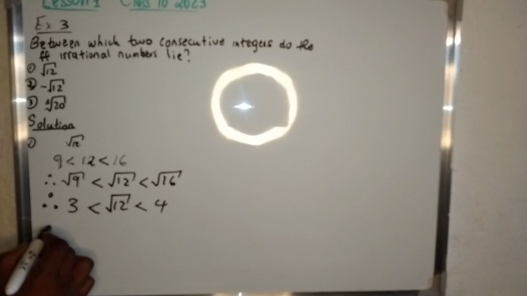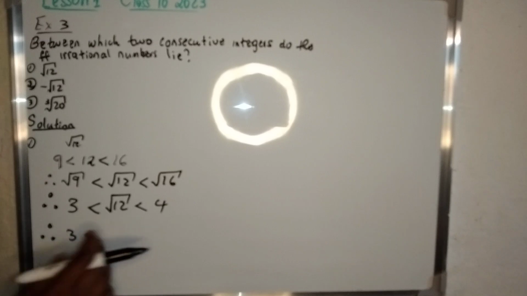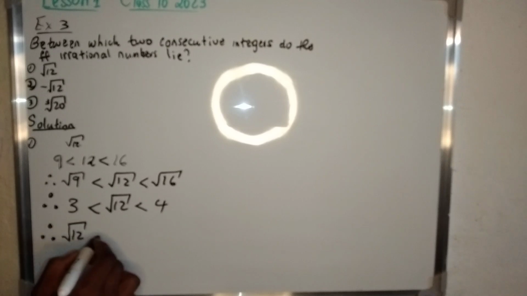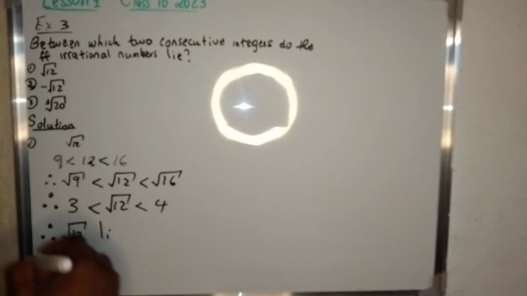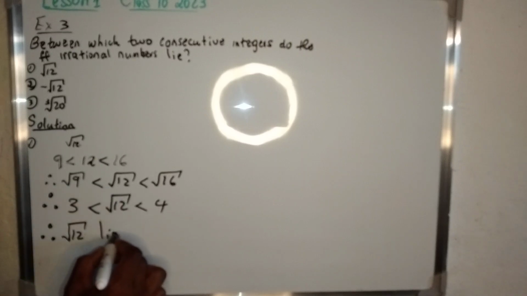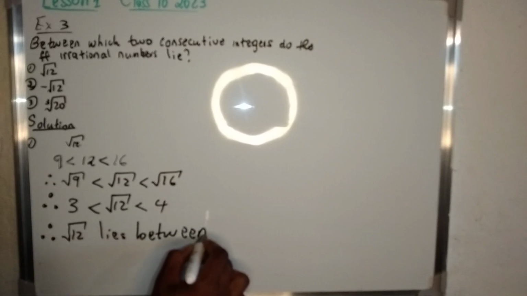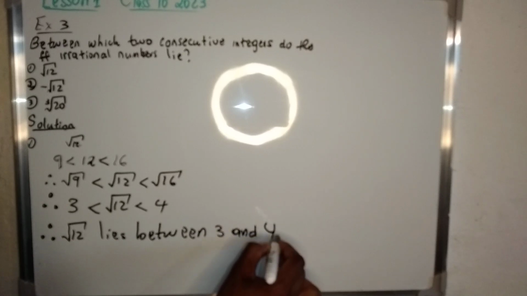And then you just conclude by saying, therefore, the square root of 12 lies between 3 and 4.